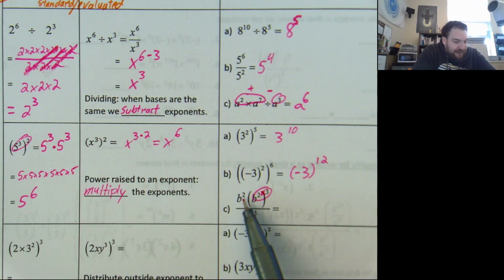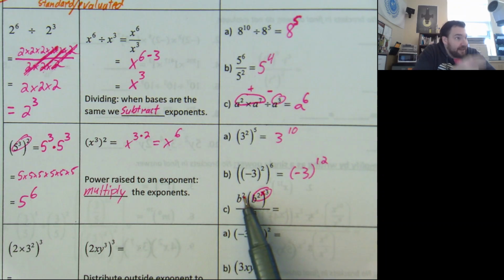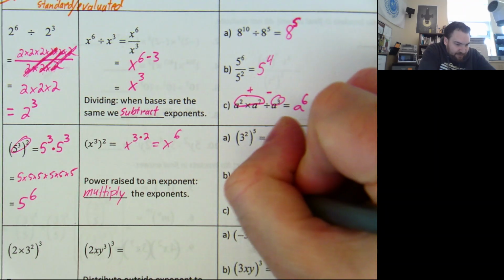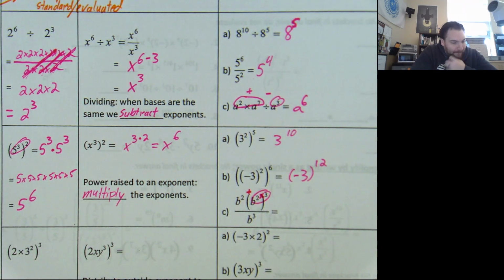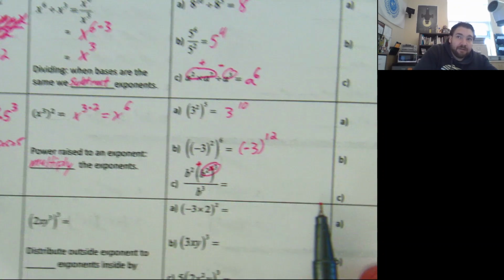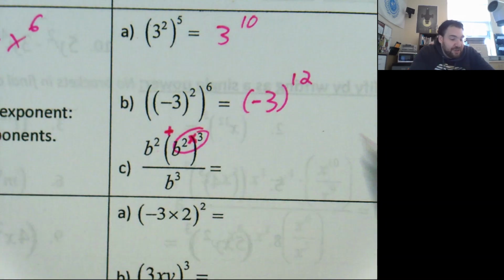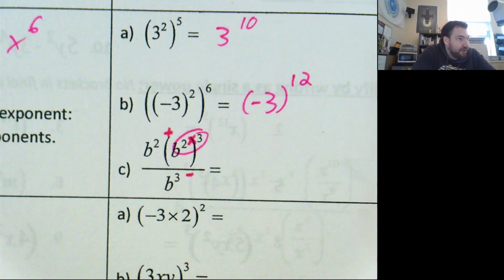And then what am I going to do with this guy? Because we're multiplying, then this b to the squared here, this exponent's going to get added, you bet. And then this 3 down here is going to get taken away, you betcha.